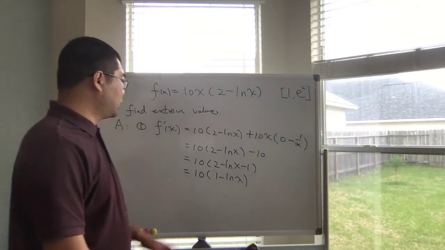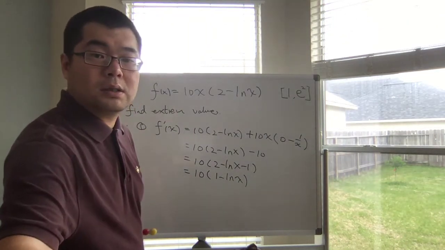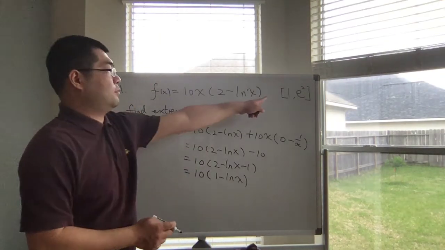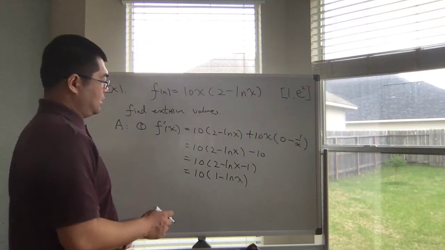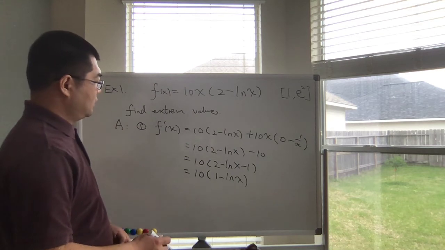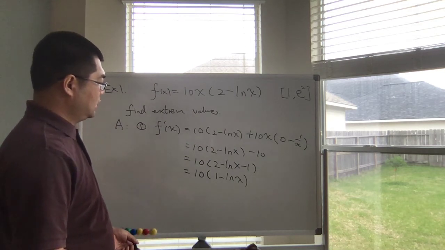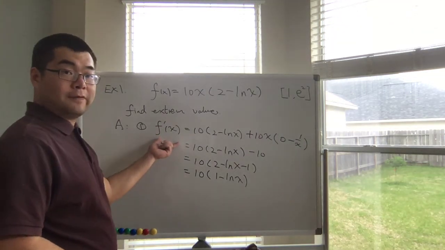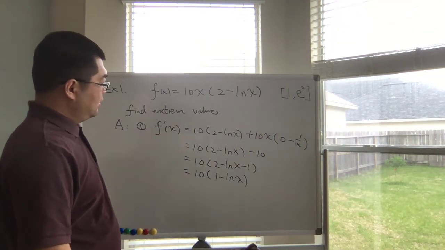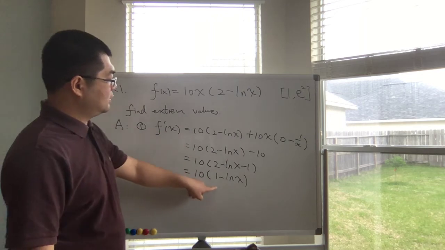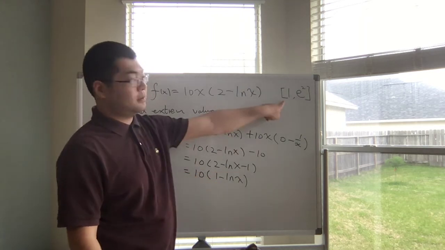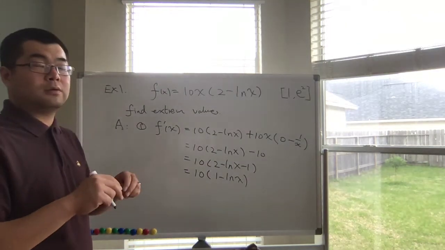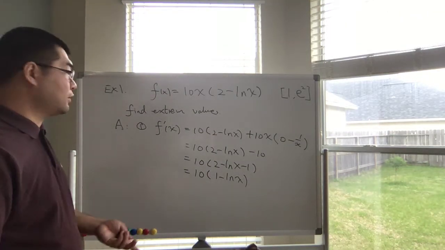On this interval from 1 to e squared, there's no point that makes my derivative undefined, because f prime of x is well defined here. So all we need to do is figure out at which point the derivative equals 0.